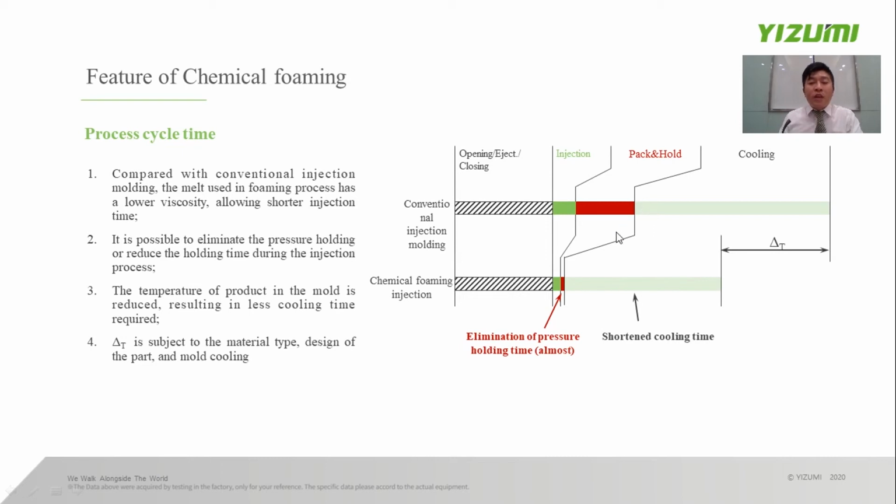As the bubbles are diffused and forming inside the product after injection, there is no need to hold for the material shrinkage. As a result, the holding can be eliminated. On the other hand, as the material flowing ability has been increased, the injection time can be reduced as well.